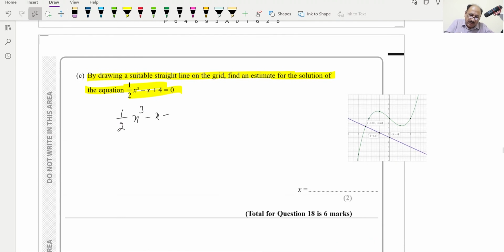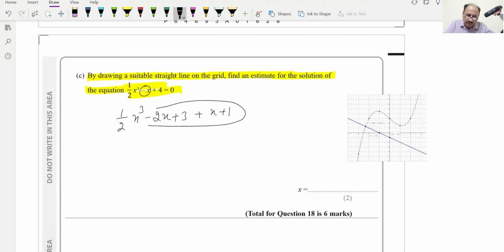But this is minus x, so we will write minus 2x and plus 3 and plus x plus 1. If we solve this portion, we will get minus x and plus 4, which is the same as this one. So minus x plus 4, this portion we have rewritten in this format.